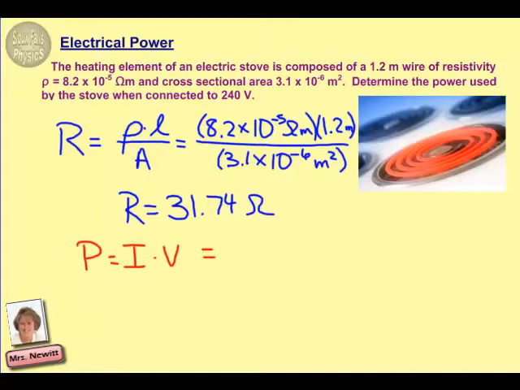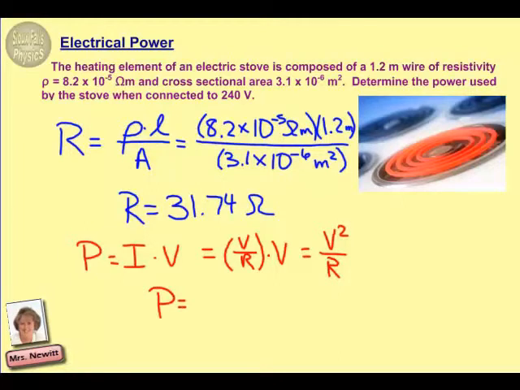We could also easily replace the current with the equation volts divided by resistance. So if we replace that, kind of an easy little derivation, we have voltage squared divided by resistance, and that gives us a shortcut to determine the power.